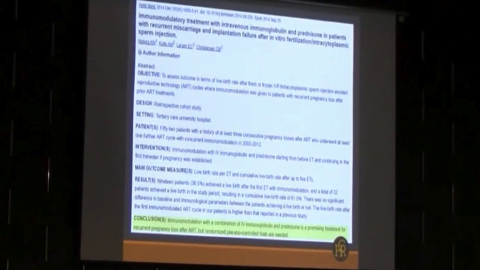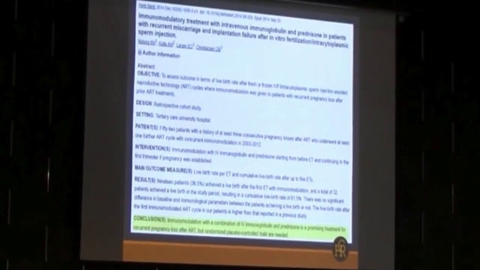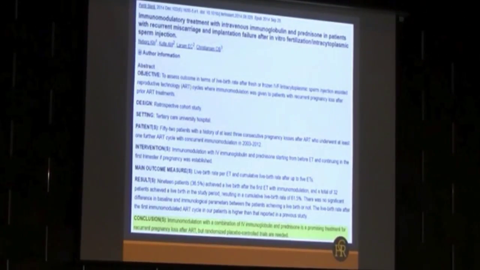The problem is that the truth is that there are really no good quality studies on any form of immunotherapy in patients with immunological pregnancy loss or immunological implantation failure. It is a matter of belief.